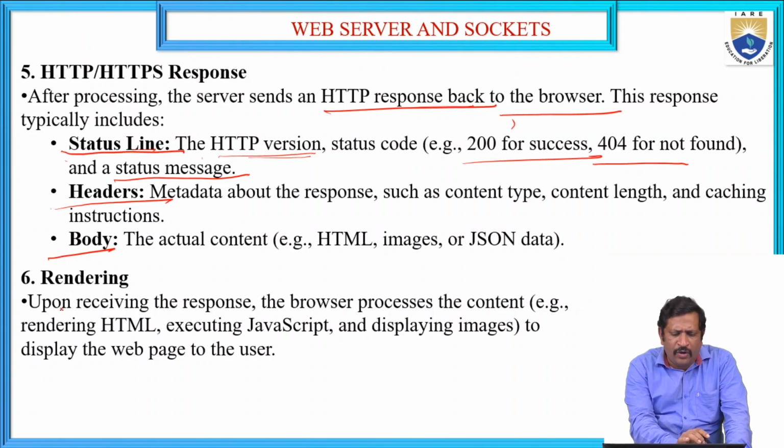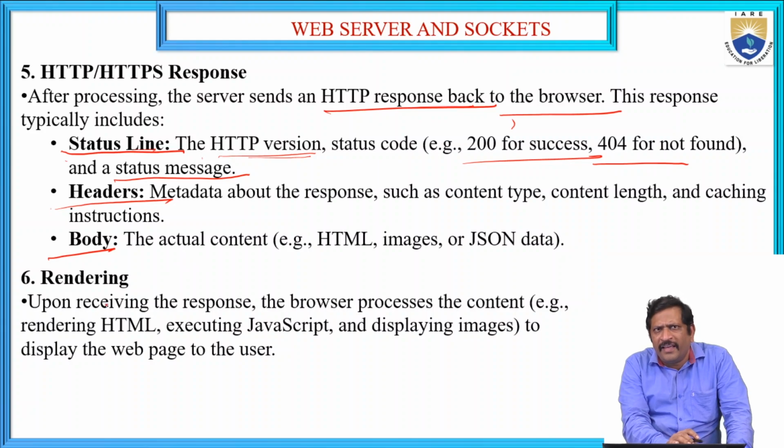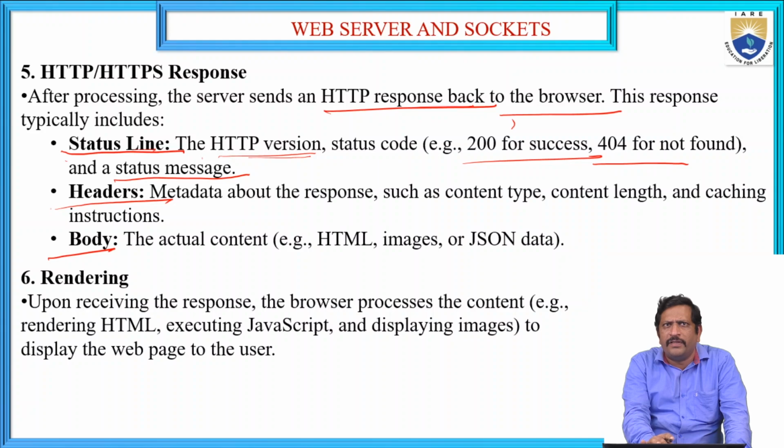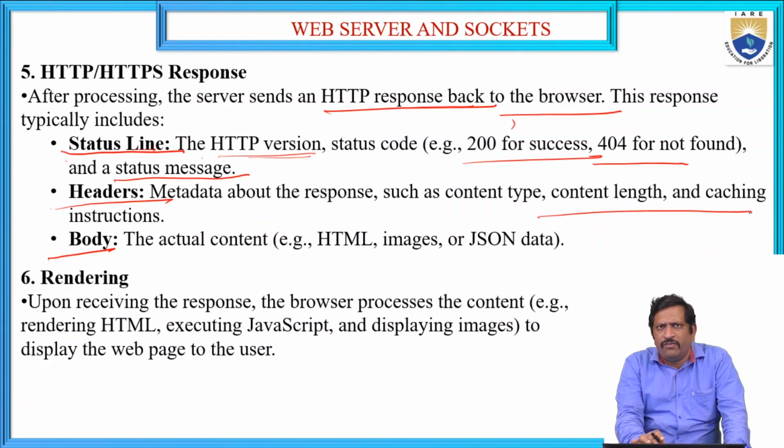Rendering: upon receiving the response, with the status line, header and body, the actual body means the actual content, so it is HTML, images or JSON data, whatever it may be. The metadata about the response includes the content type, content length and caching instructions.